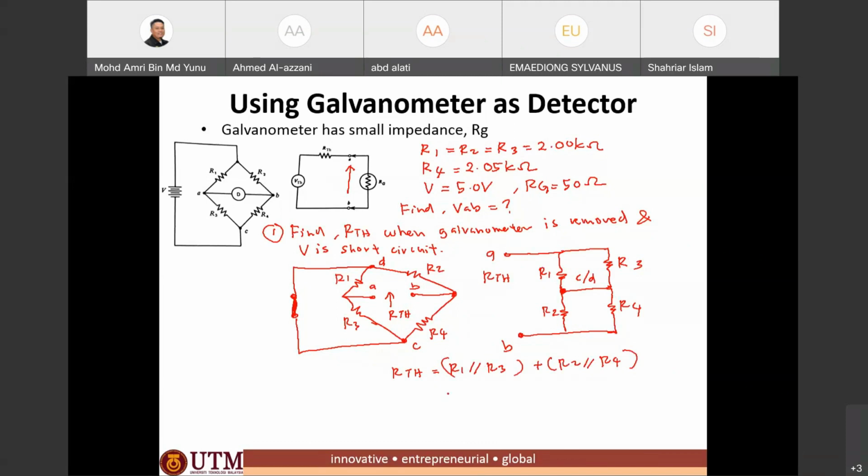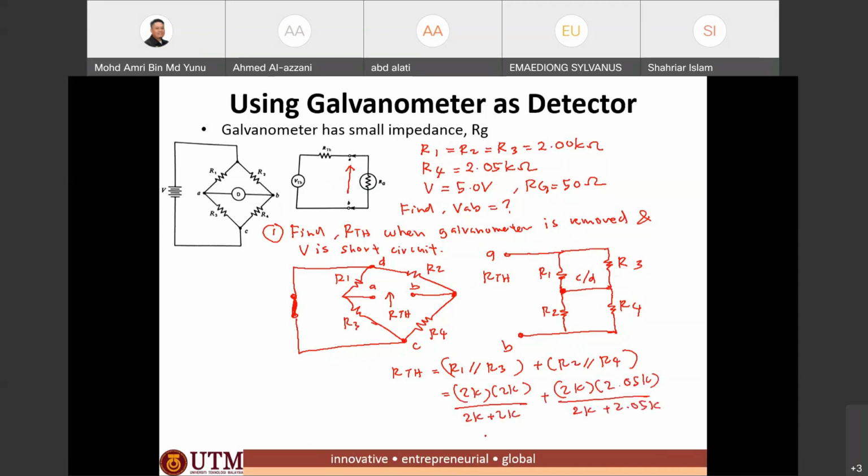So that is basically 2K multiplied with 2K divided by 2K plus 2K, plus 2K multiplied with 2.05K divided by 2K plus 2.05K.